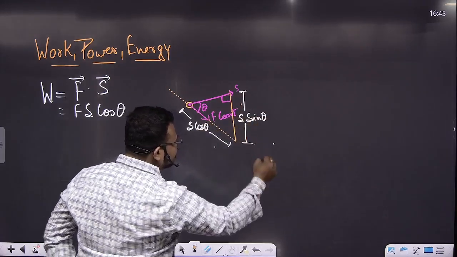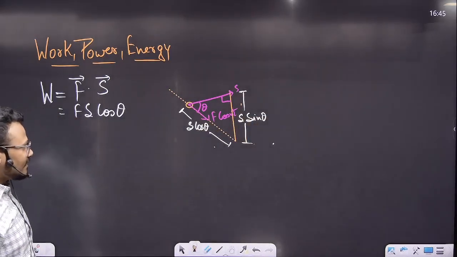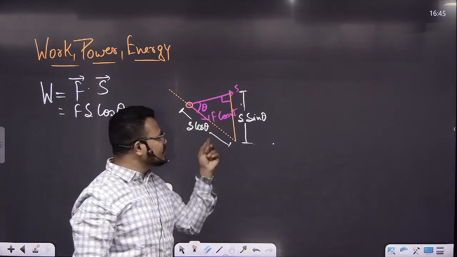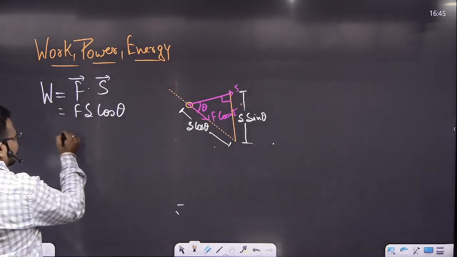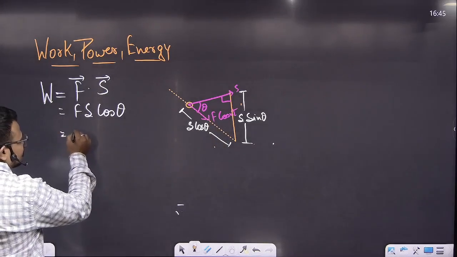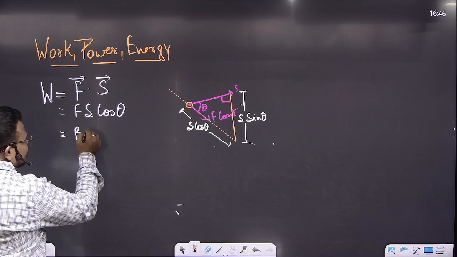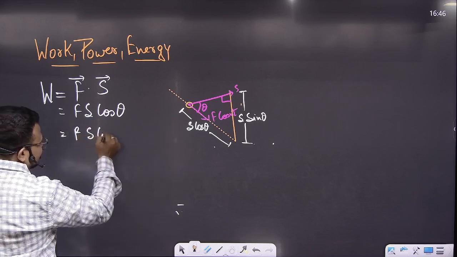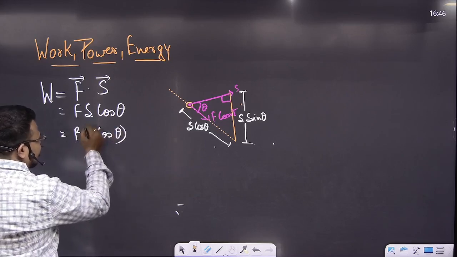Now if you see very properly, along the constant force the work will be done. So we can write work done equals F S cos theta.